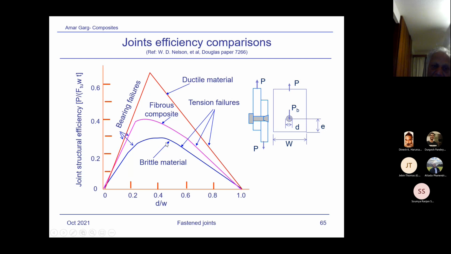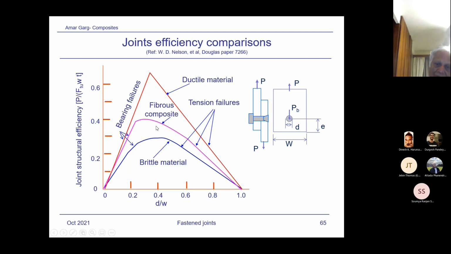For fibrous composites, even though they are treated as brittle materials, what happens when you are loading the joint structure is that at the hole, because of stress concentrations, it creates some damage, like ply delamination, disbond, fiber failures, and that damage acts like a small amount of plasticity.